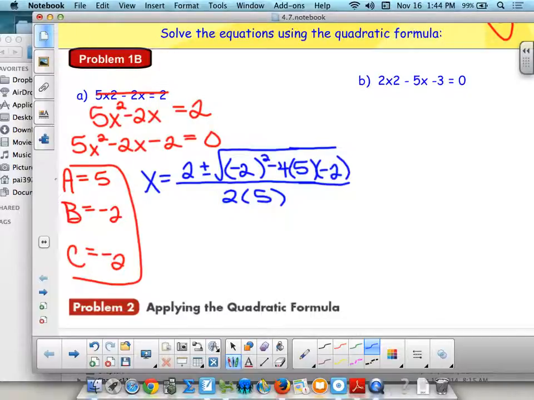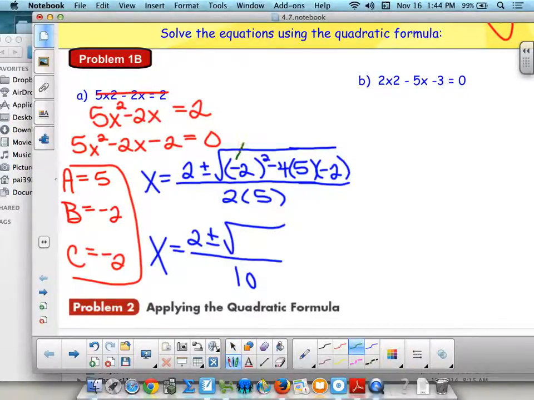I will tell you, if you mess up just once, you put a 5 in for the wrong letter, or a negative 2 in for the wrong letter, you're going to mess up the whole problem. I never worry about the first number, I never worry about the bottom number, I always worry about what's inside the radical. So let's take this slow, here we go.